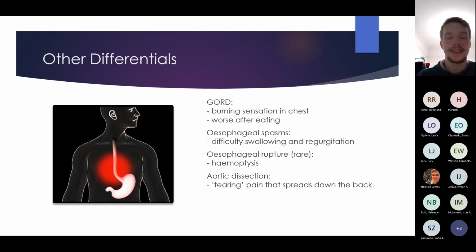And aortic dissection, which is often described as a tearing pain that spreads down the back. But again, that doesn't happen much. So that'll be at the back of your mind, but you're going to be thinking of the ones I've mentioned earlier instead.